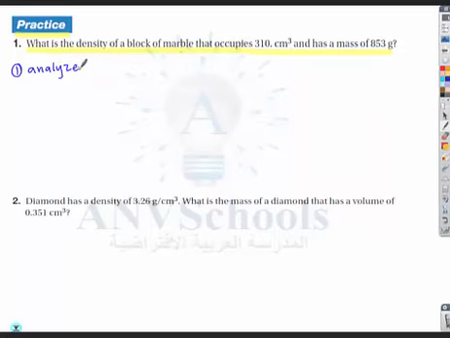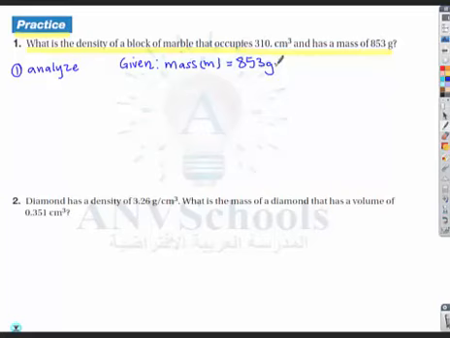If we analyze here, given, what are we given here? We have mass M, which is 853 grams.